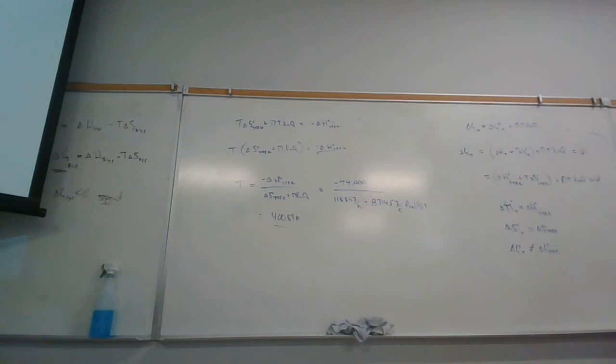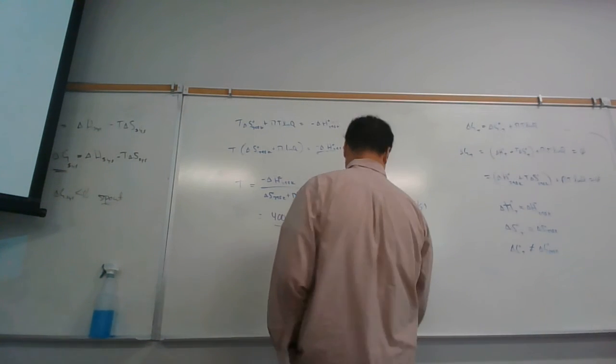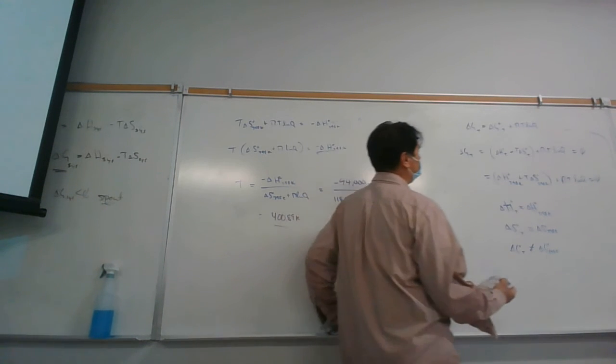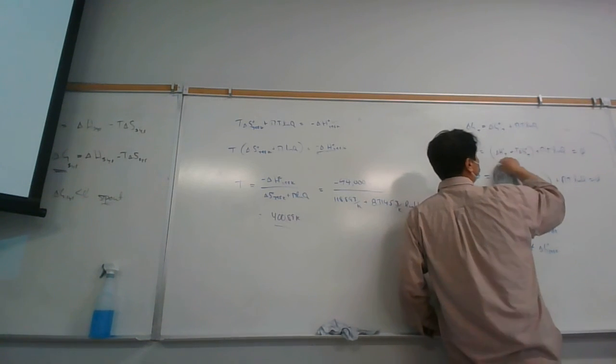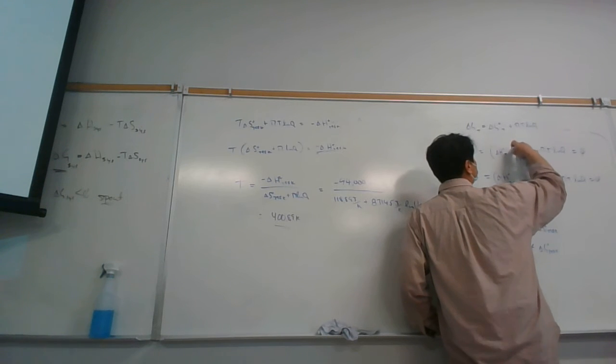Oh, I see my mistake. My mistake is here in the sign. Delta G is equal to delta H minus T delta S. I put plus.